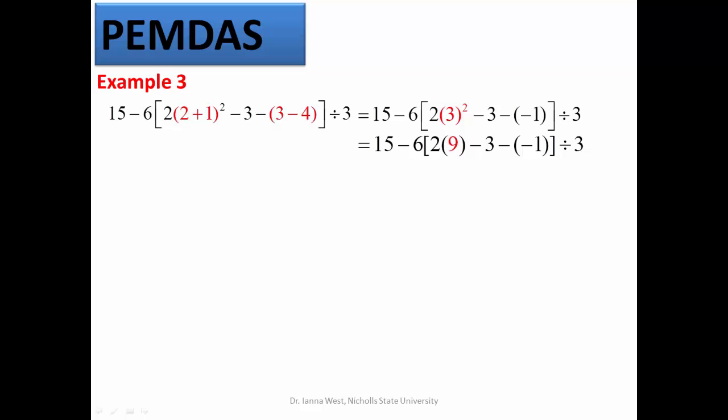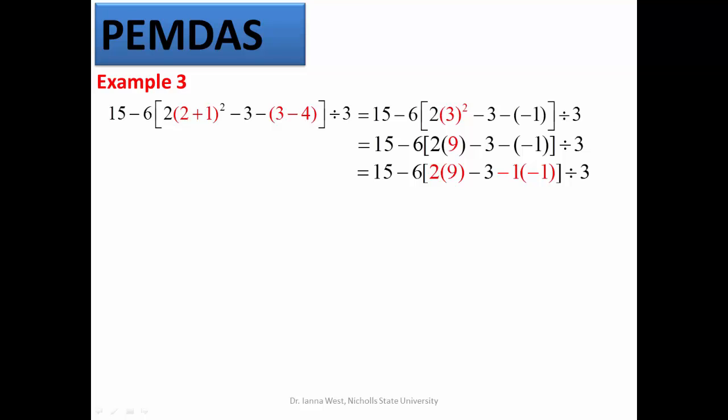The next operation that we must perform is the multiplication that is inside of the brackets. That is, we will multiply 2 times 9 and negative 1 times negative 1. Recall when you have a negative in front of a parentheses, that just means you're multiplying that negative times what is inside of the parentheses, but it is like multiplying negative 1 times what is inside of the parentheses.